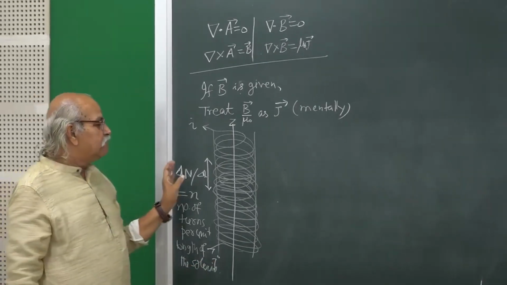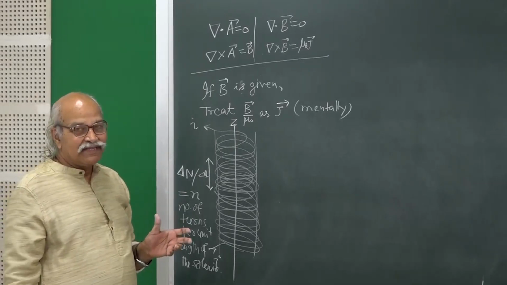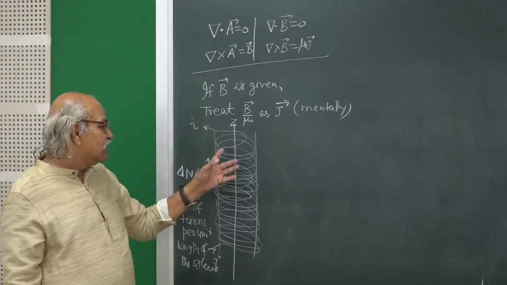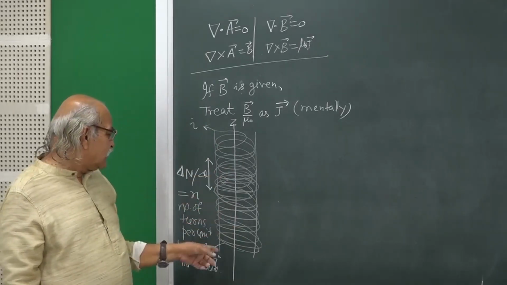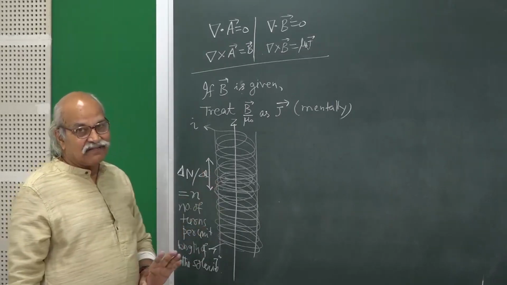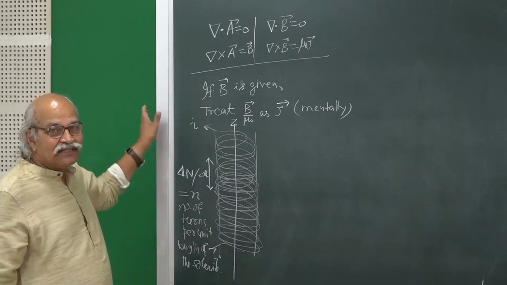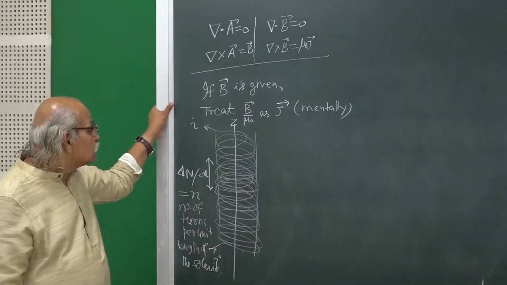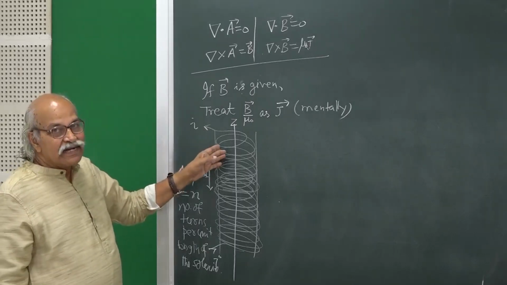And we want the magnetic vector potential everywhere, inside, outside. The solenoid and the current and the number of turns per unit length are given. So, how do I go about it? You know the magnetic field inside a solenoid.